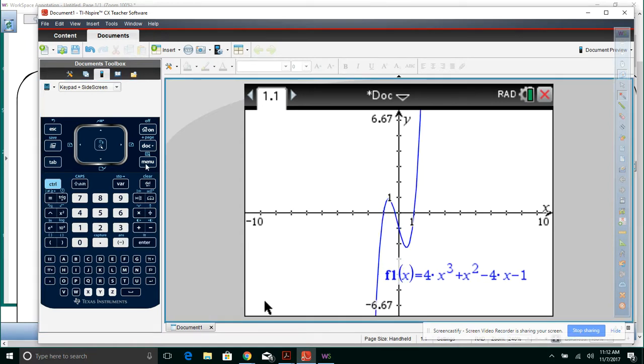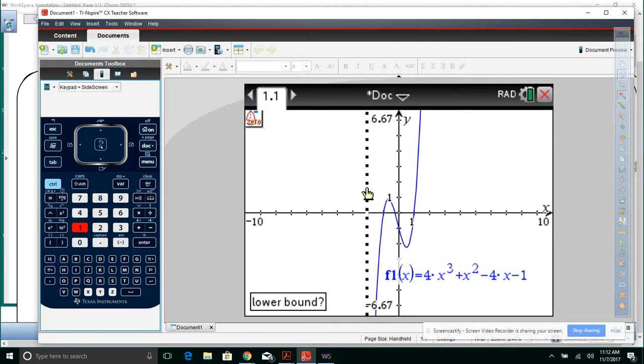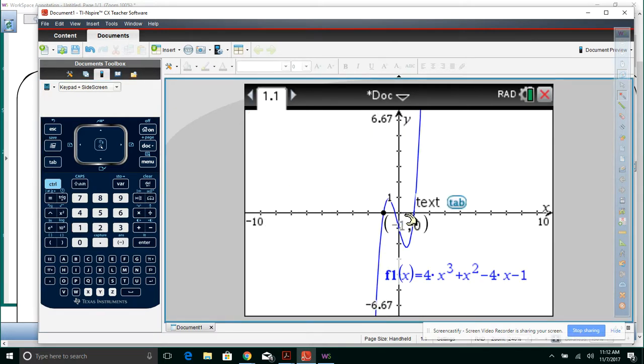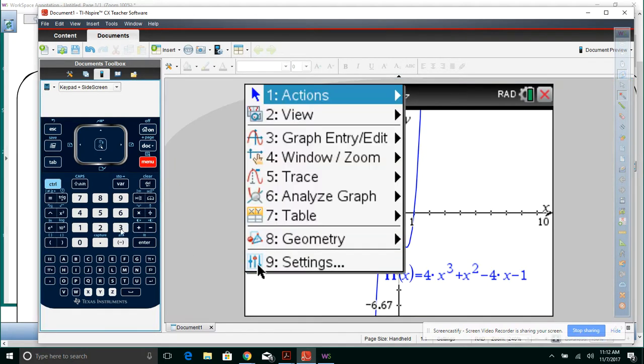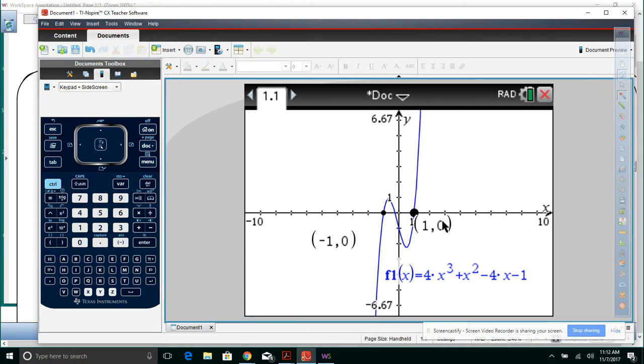Aha, look at that. So menu 6, 1, and that gives us our first one. That's -1. Then menu 6, 1, and that gives us this one over here, which is +1.